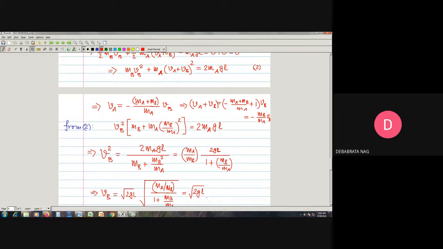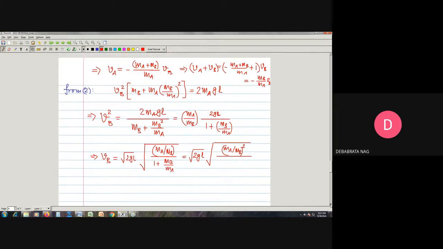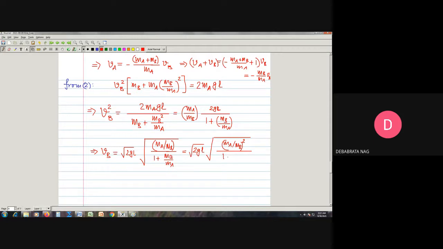So we can say that this is going to be equal to square root of MA by MB whole square divided by 1 plus MA by MB, right? So we can write it in this manner.